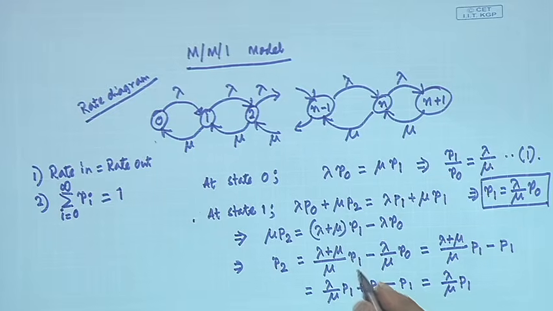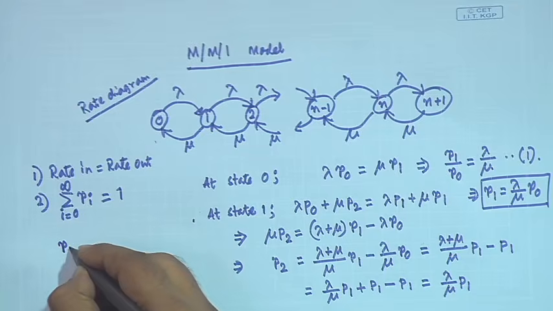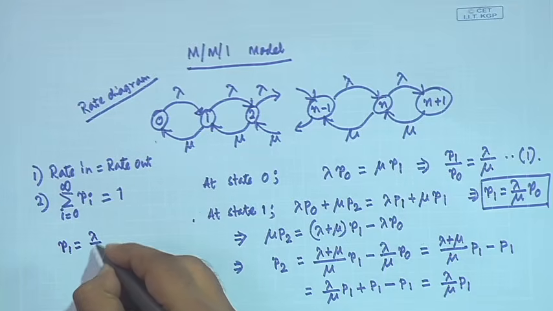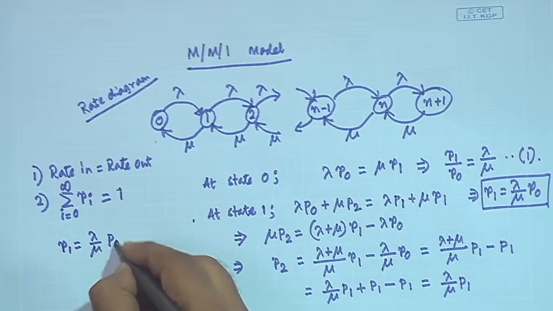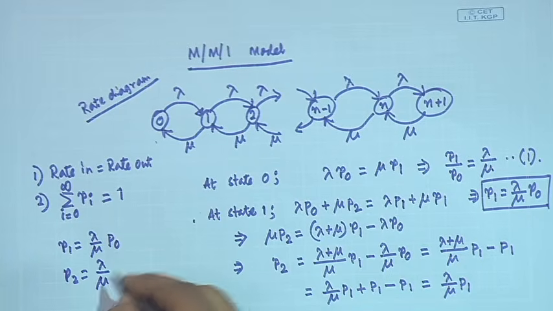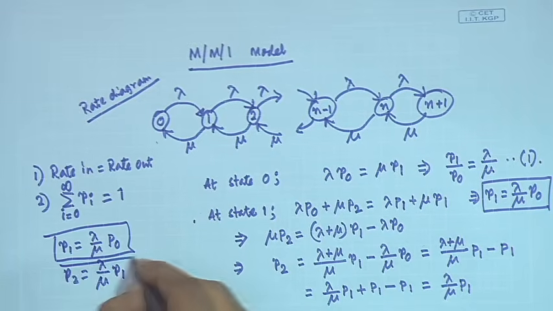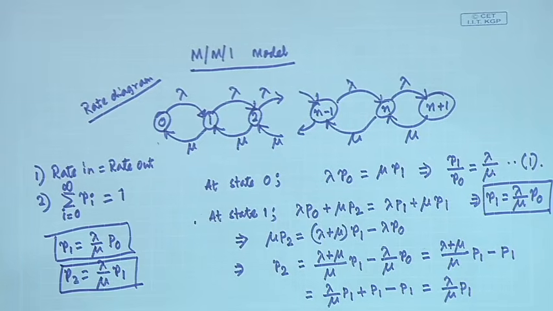So, basically we got two very interesting relations. One, we have got P1 equal to lambda by mu P0, and P2 equal to lambda by mu P1. So, very interestingly we have been able to obtain two very simple but fundamental relations.